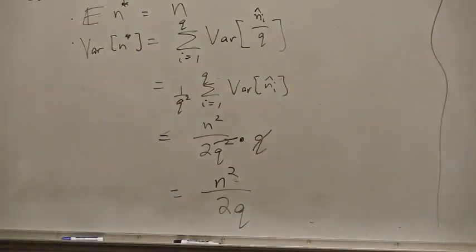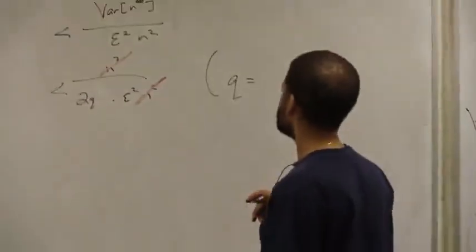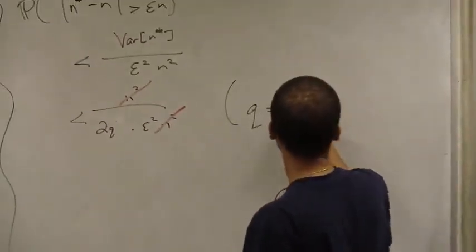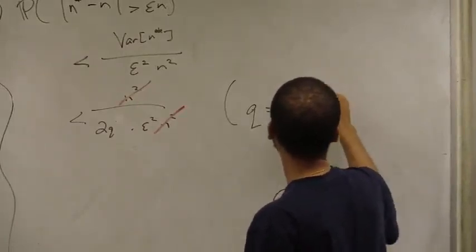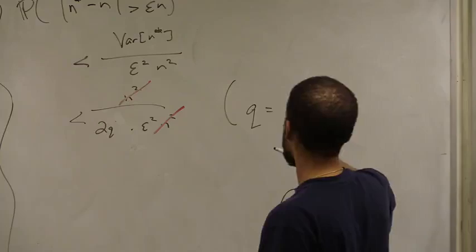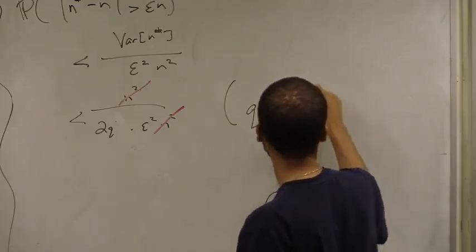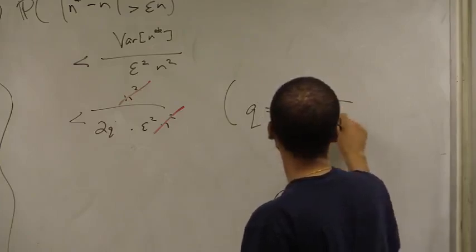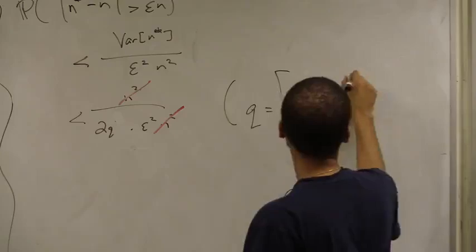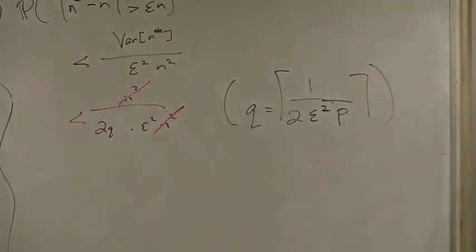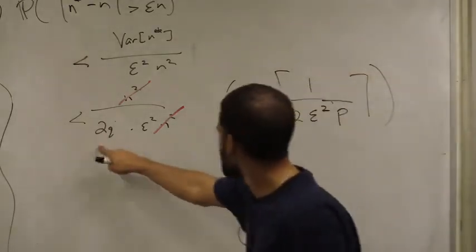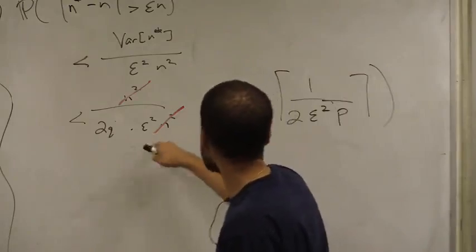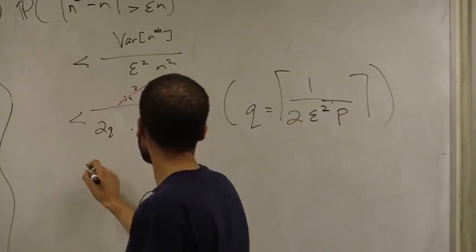And then I can set q to be, for example, the ceiling of 1 over 2 epsilon squared p. I'll just set q to be that. Then the 2 cancels, the epsilon squared cancels, and this is less than or equal to p.